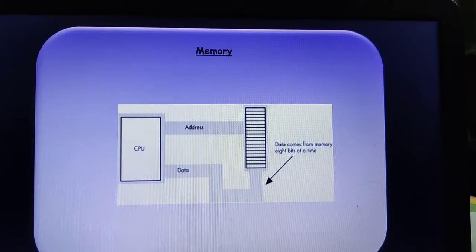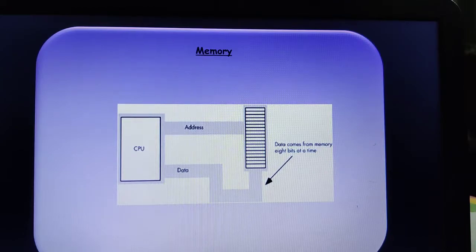The more wires there are, the more data the bus can carry, wherein each wire can carry only one bit of data at a time, isn't it? So if I have 64 wires in the bus, then I can transfer 64 bits of data at a time.